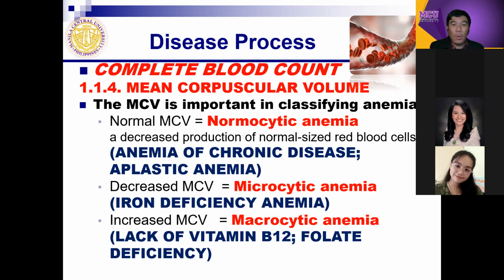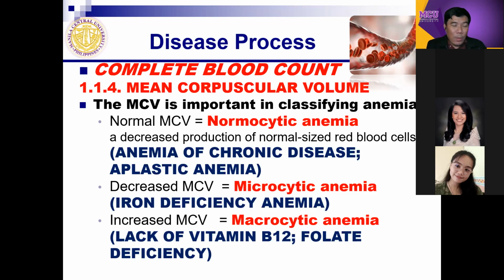So next naman po, pagka-decrease ang mean corpuscular volume, or yung tinatawag nating microcytic anemia, usually ito ang result pagka merong iron deficiency anemia. So I know you have heard about iron deficiency anemia. This is usually associated sa pregnancy.